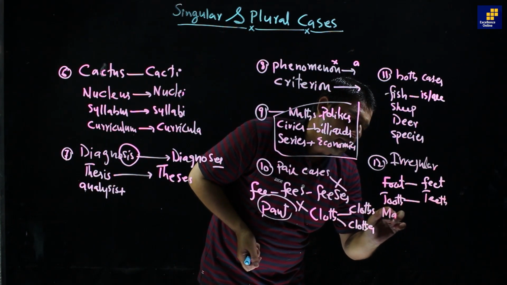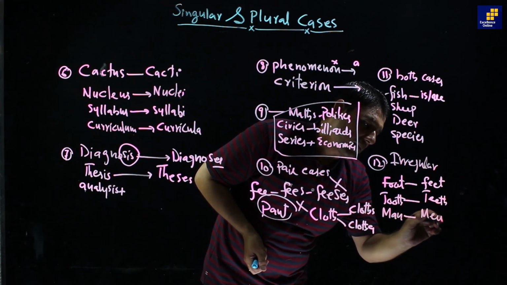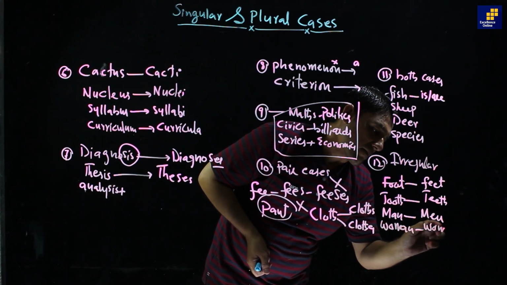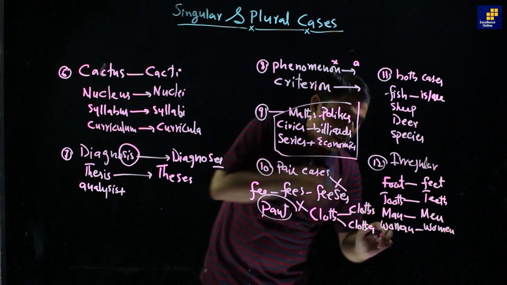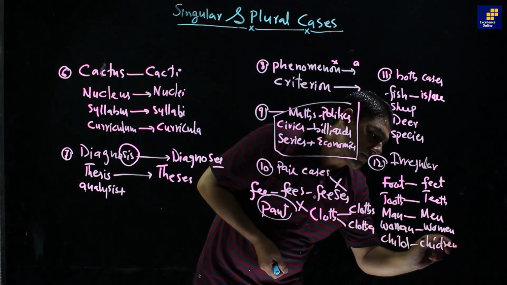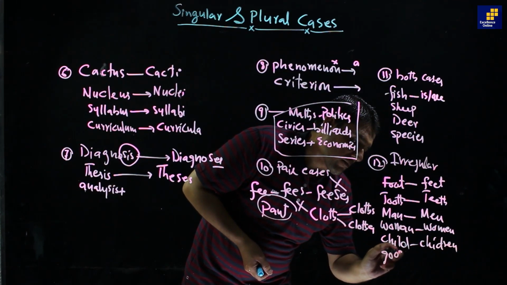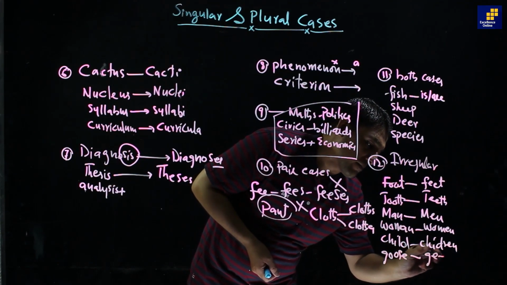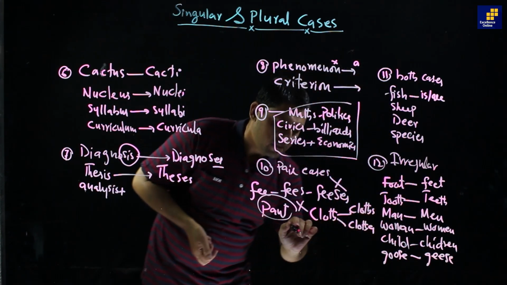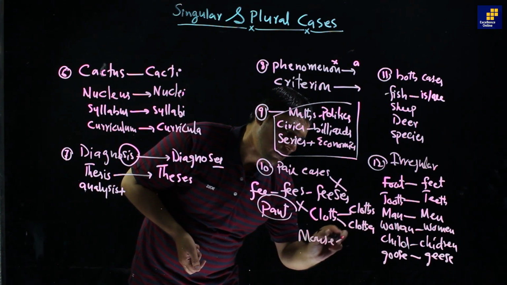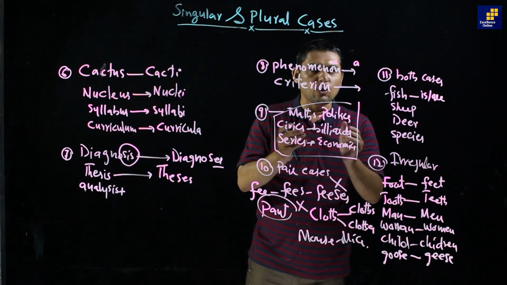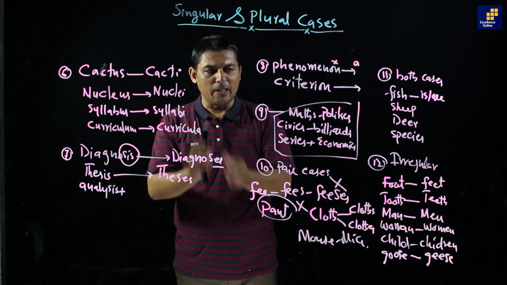Man, men; woman, women; child, children; and we have more examples. Mouse and mice. So this lecture is all about singular and plural cases.